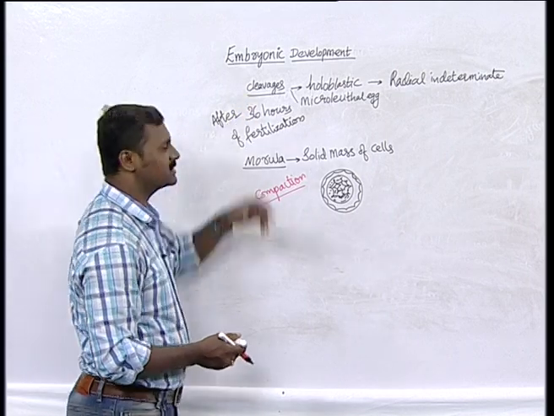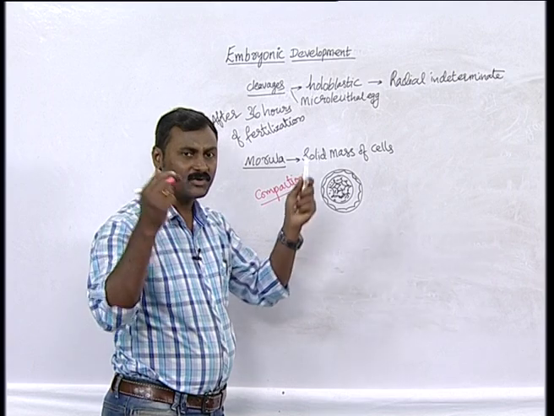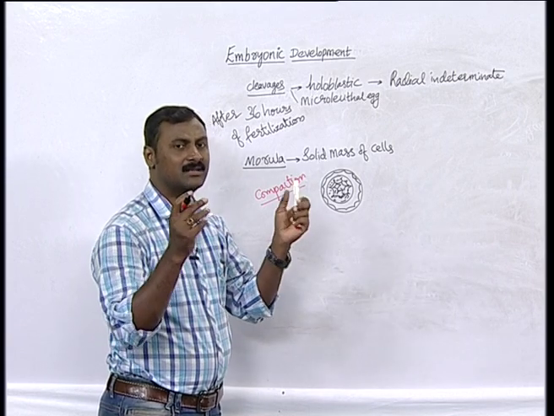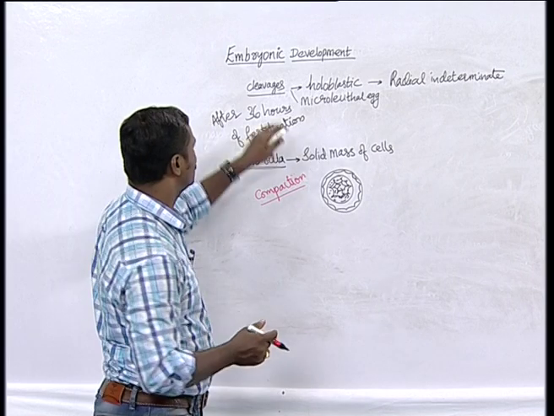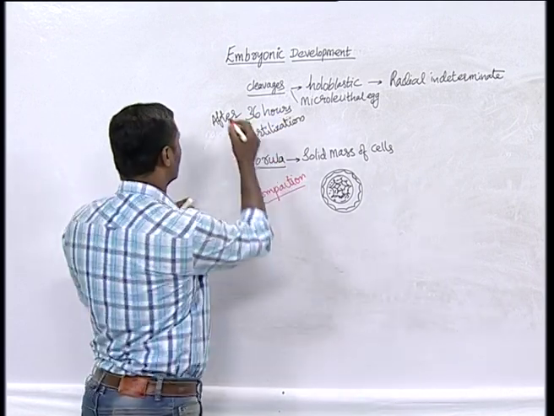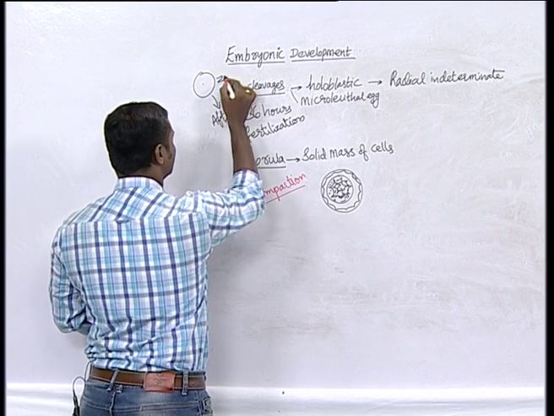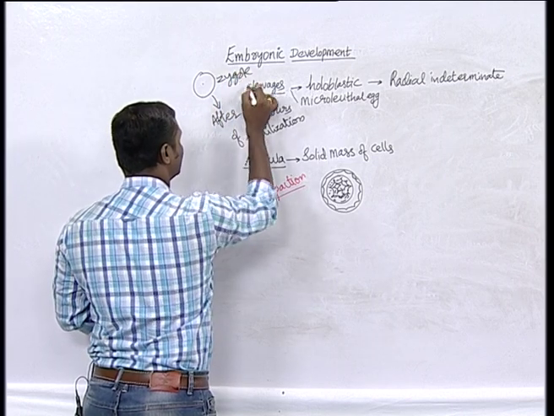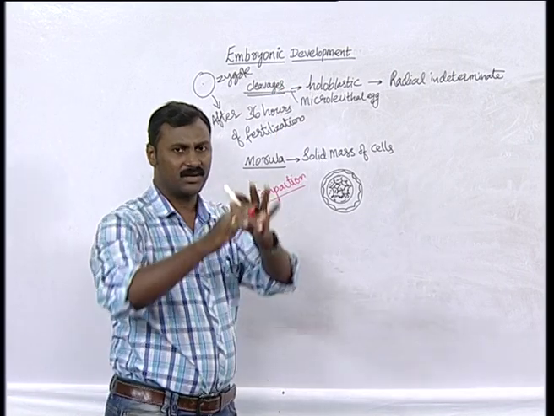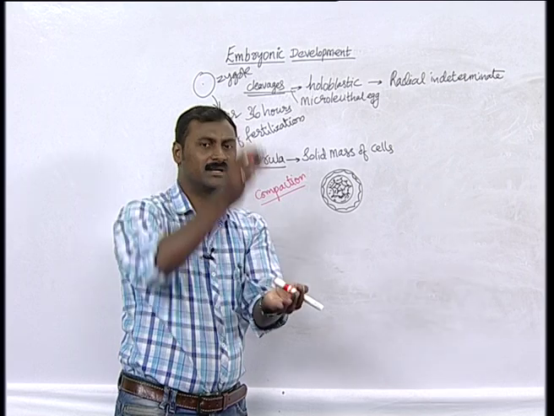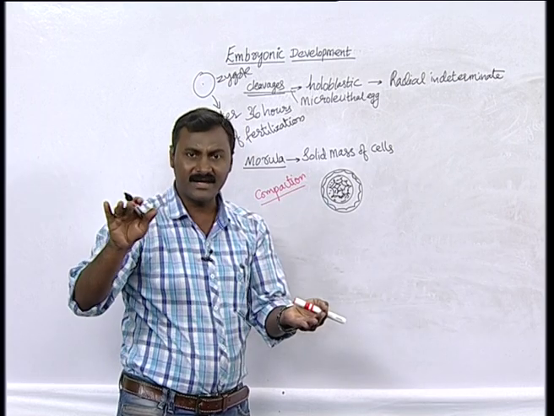Here we can see once sperm unites with the secondary oocyte and finally with the ovum and forms a zygote, right. After fertilization, this zygote undergoes cleavages. Once it is a single diploid cell, it undergoes cleavage in a radial manner.